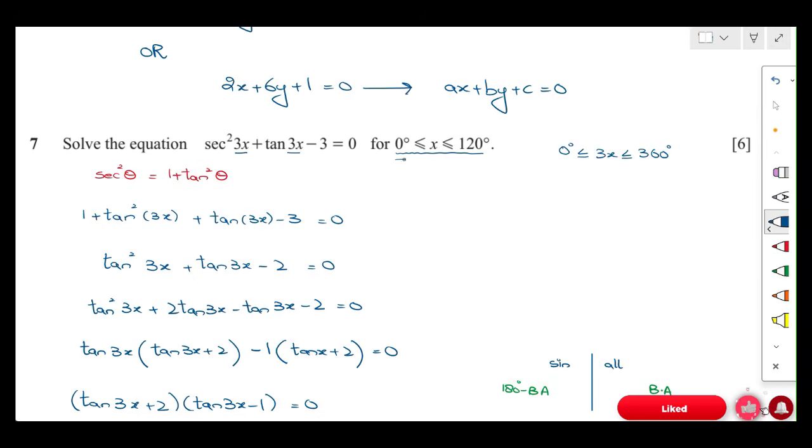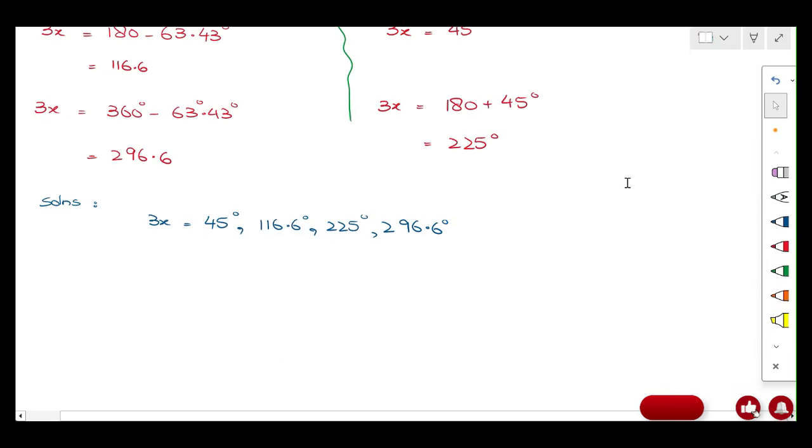But the question is about angle x. We have to solve for x. How do we solve for x? We have to divide everything by 3.